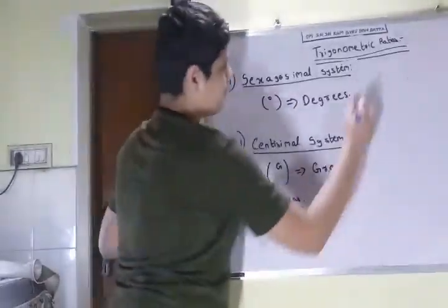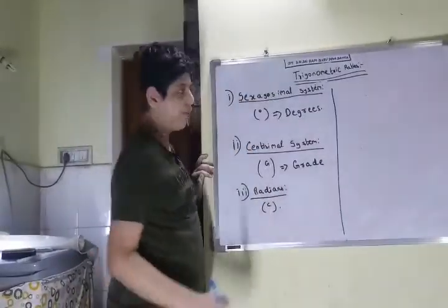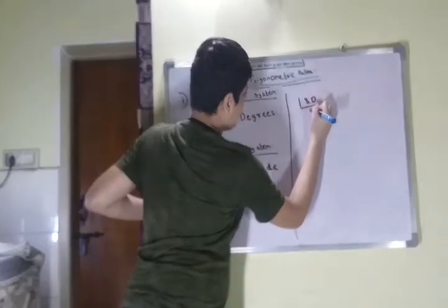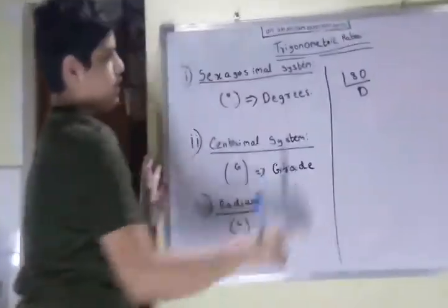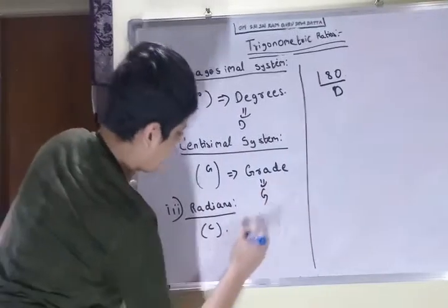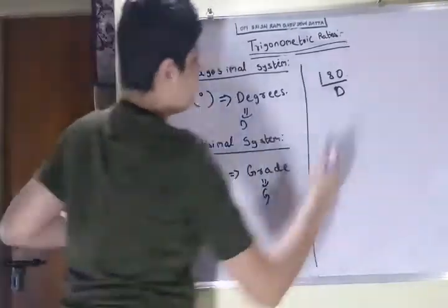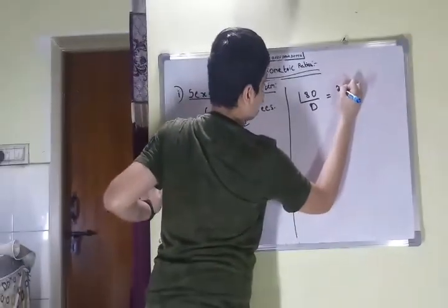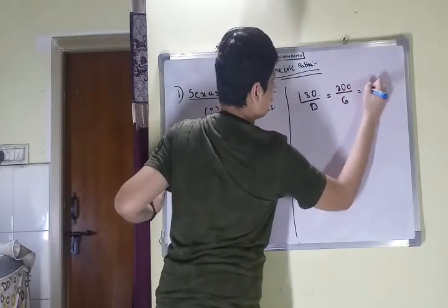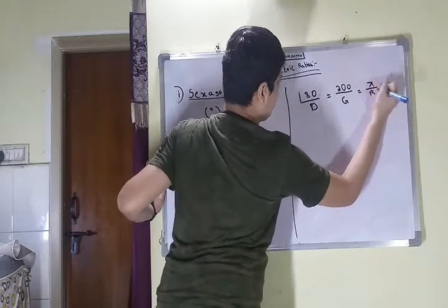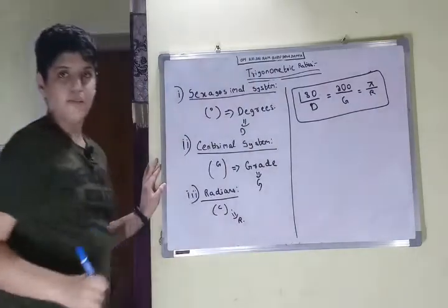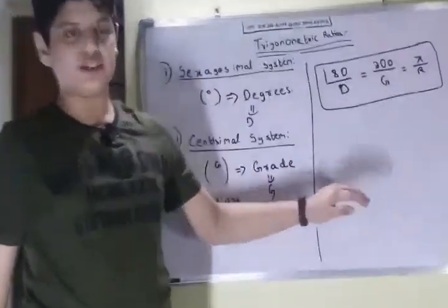Now one conversion you need to remember: we represent degrees with D, this is G and let this be R. 180 by D is equal to 200 by G is equal to pi by R. Now in trigonometry, pi does not mean 3.14 or 22 by 7.